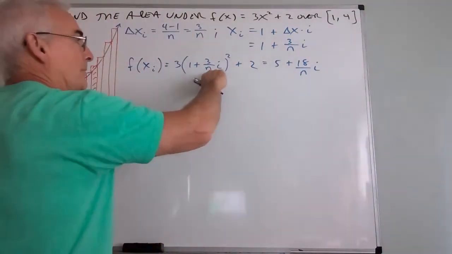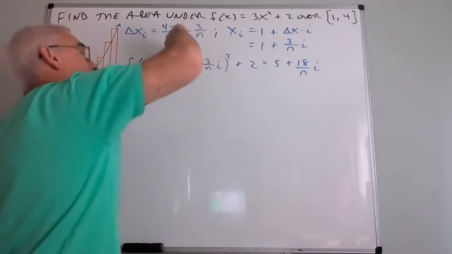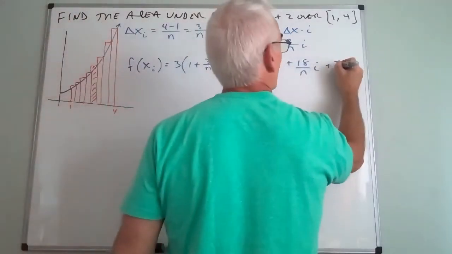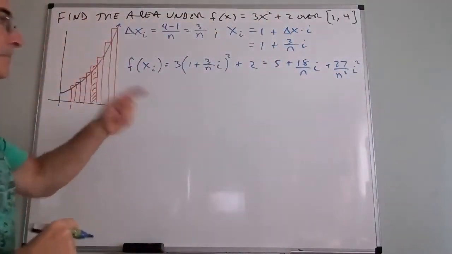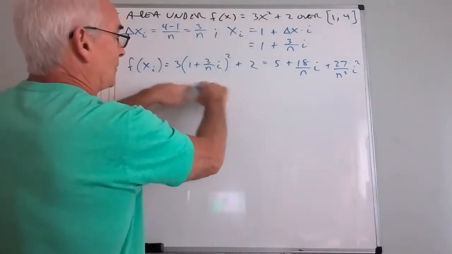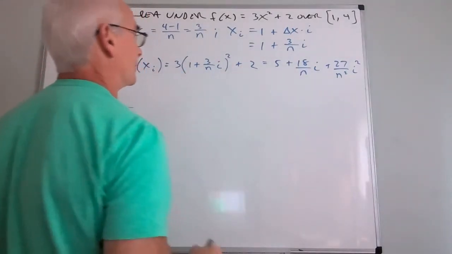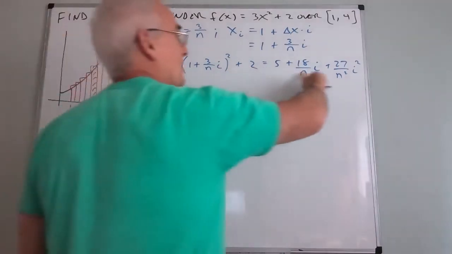And then when I square that, I'm going to have 9 over n squared times i squared times 3. So plus 27 over n squared times i squared. The reason I'm doing all of that at once is I need the space. Off to the side, go ahead and multiply that out, distribute the 3, add the 2. Take as many steps as necessary, but this is what I get.